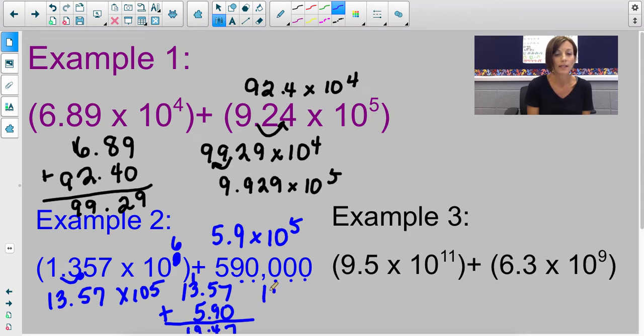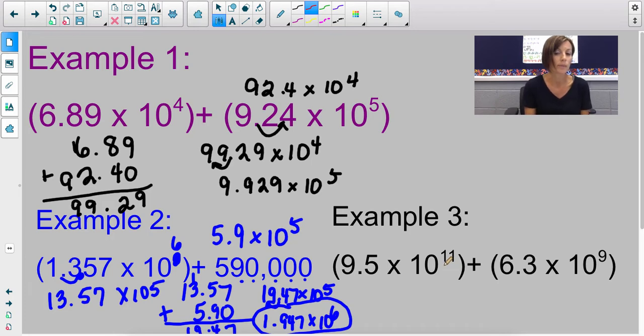I got 19.47 times 10 to the 5th, but whoa, that's not proper. So I've got to go back 1 that way. So it's 1.947 times 10 to the 6th, back in scientific notation. Example 2 is done.